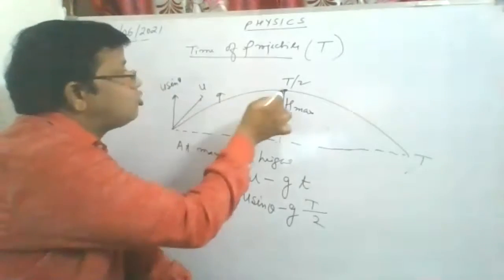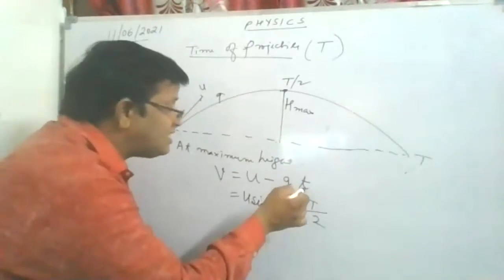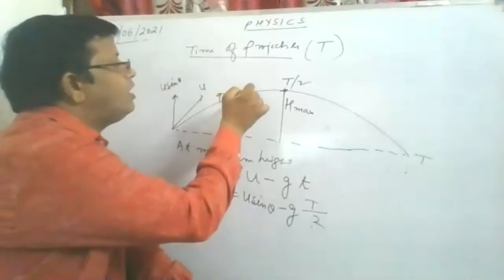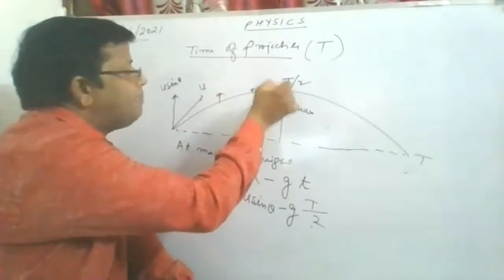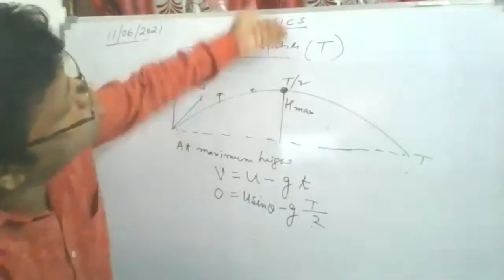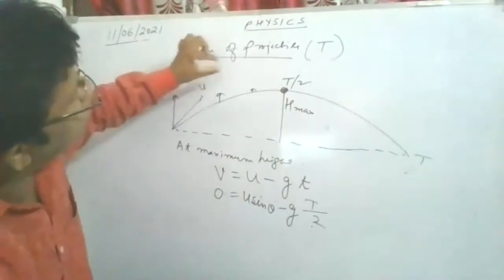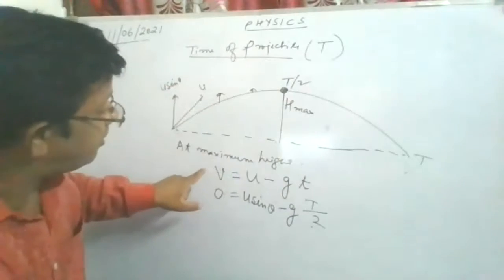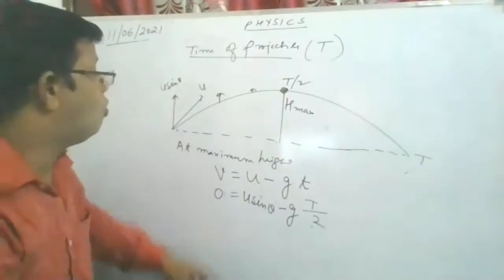What is the final velocity? At time t by 2, the vertical component of velocity becomes 0. If it had not become 0, the ball would have gone even higher. Yet at maximum height the vertical component of velocity becomes 0.